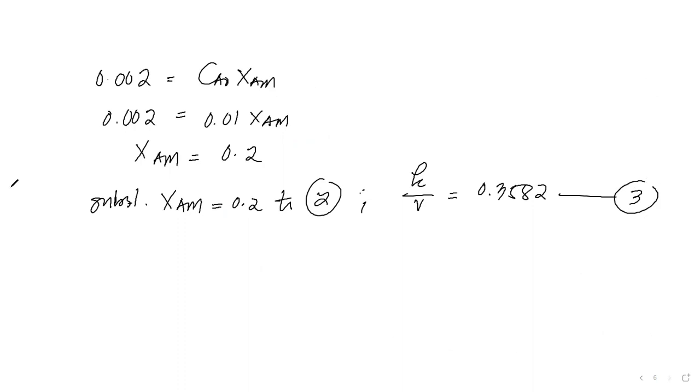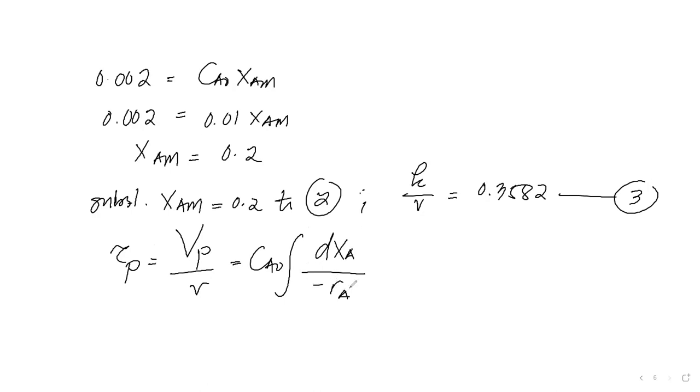Now, let's go to our plug flow reactor. For the plug flow reactor, we have its volume divided by the volumetric flow rate, and that would be CAO integral of dXA over the rate.